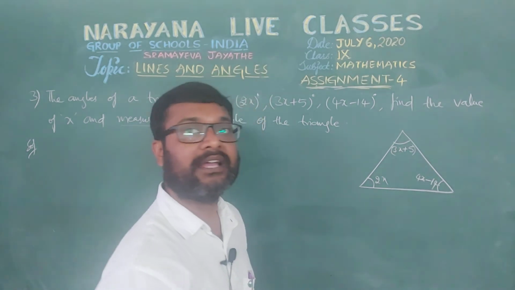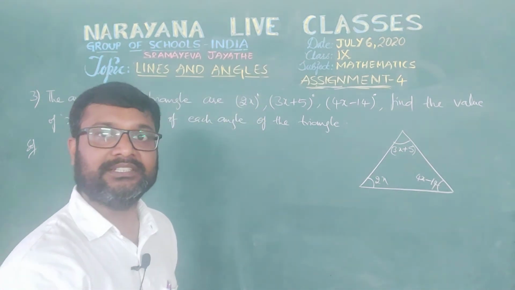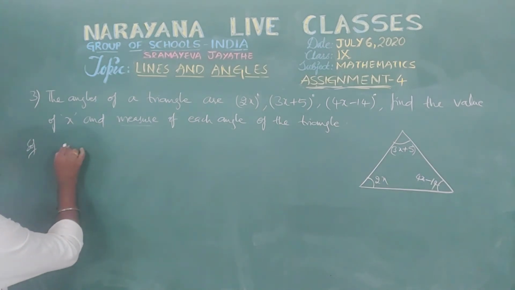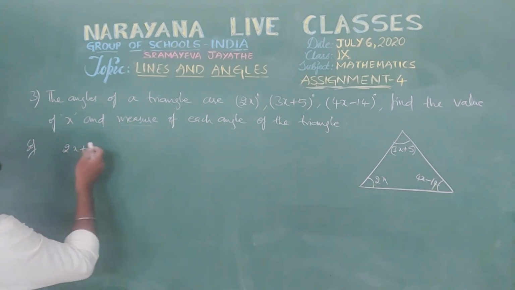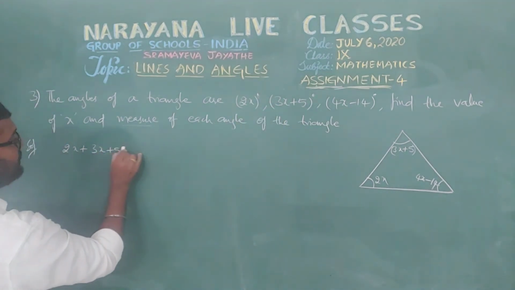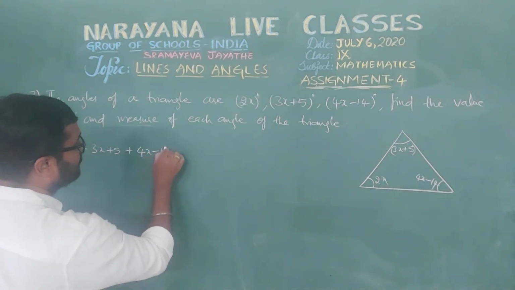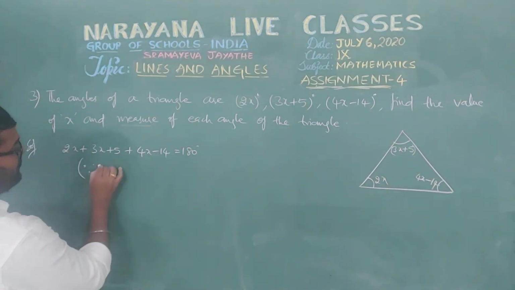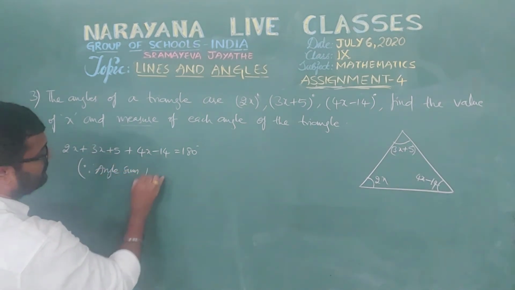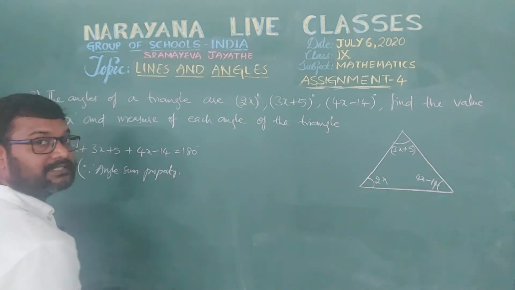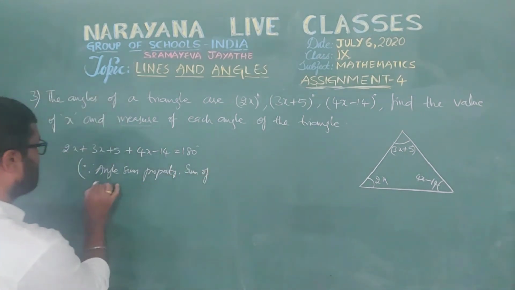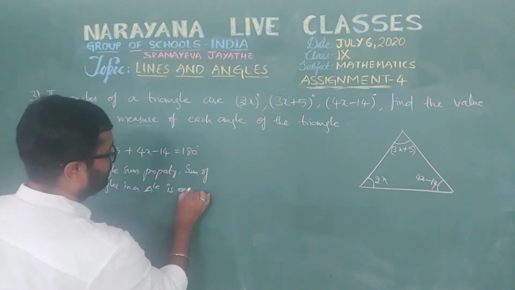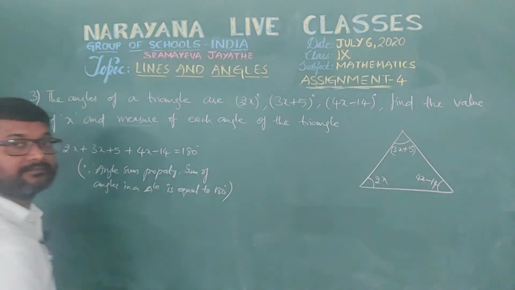That is nothing but the sum of the angles in a triangle is equal to 180 degrees, isn't it? So now 2x plus 3x plus 5 plus 4x minus 14 is equal to 180. Since why? Angle sum property, that is, the sum of the angles in a triangle is equal to 180 degrees, isn't it?